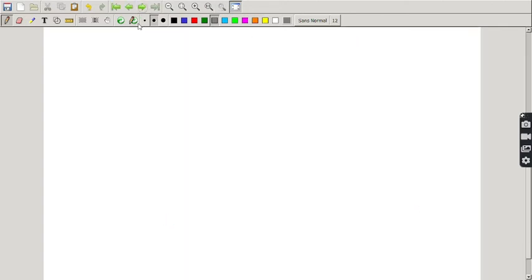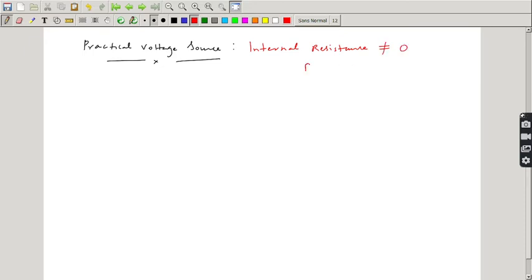Next, coming to the practical voltage source. The internal resistance of the practical voltage source is not equal to 0, and it is given by Rs.